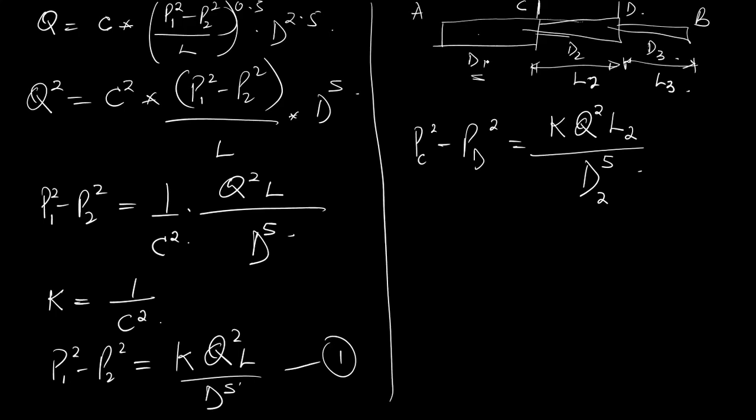Now, I want the diameter to be the same as D1. So for me to make it D1, I will find an equivalent length that will still give me this same pressure difference, where K is constant and the flow rate is the same.